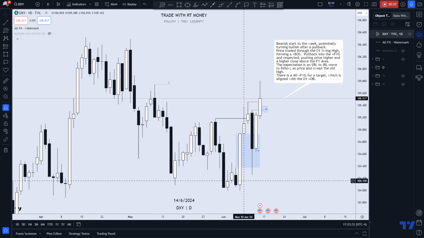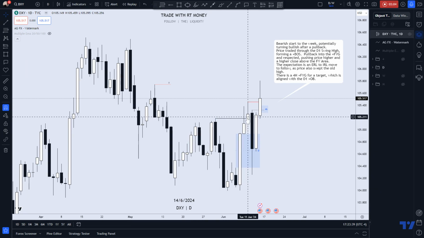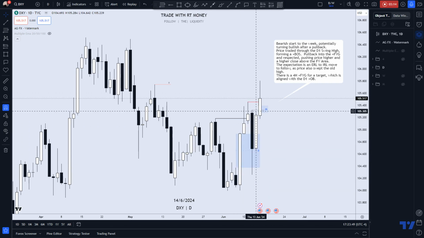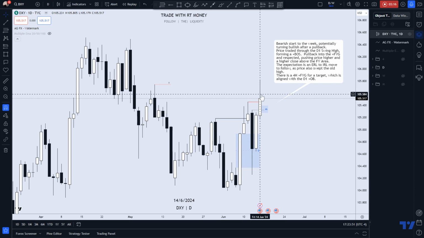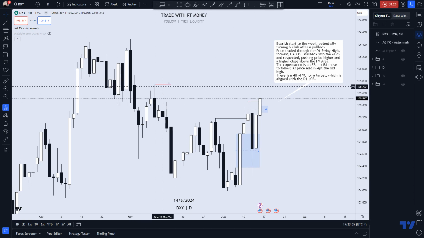In recent days, we've seen the swing high taken out here with a close above it. Price pulls back into the bullish fair value gap and then uses it to launch another push higher, taking out the swing high and this old high here.